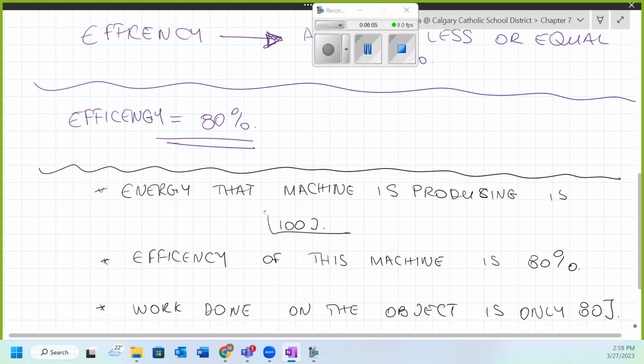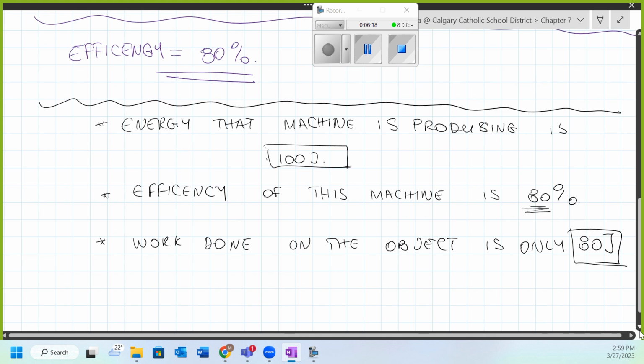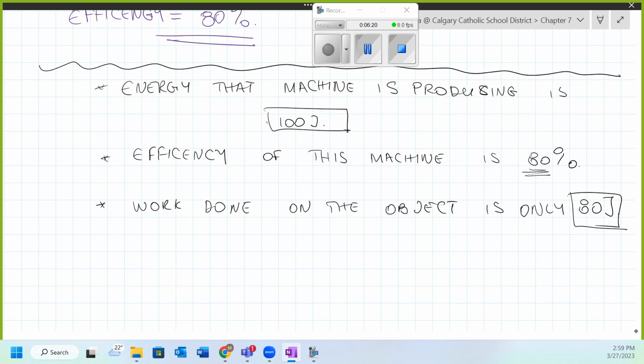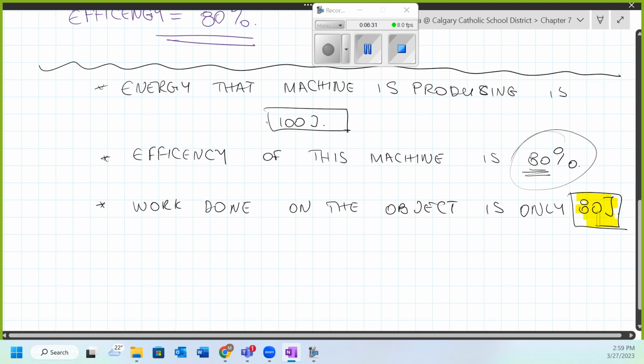So from the 100 that the machine is producing, it is 80, because what you are doing is multiplying 100 by 0.8, which is the decimal of 80%, and then you have 80 joules as the work done on the object.